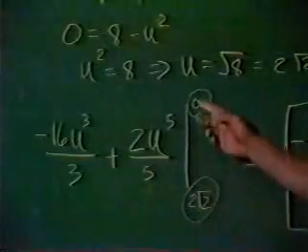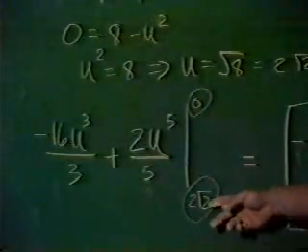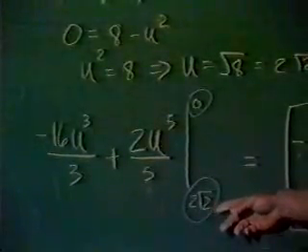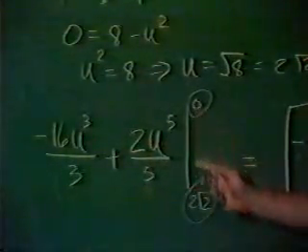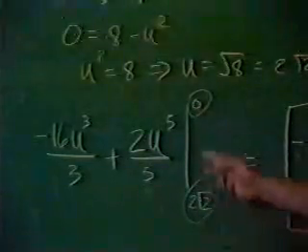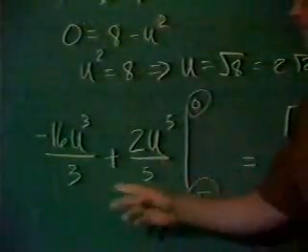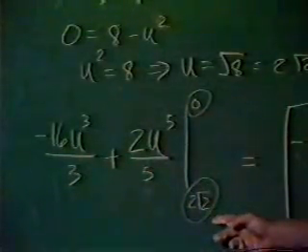If these limits turned out to be fairly difficult numbers, perhaps you don't like to work with radicals, and this may not be a suitable limit for you, I have the option of replacing u with x and then returning to the original limits, 0 and 8. Or I have the option of leaving this as u and working with these limits. I can go either way.